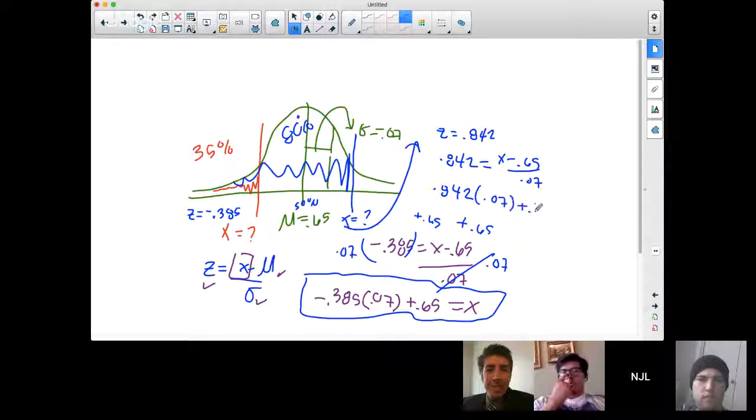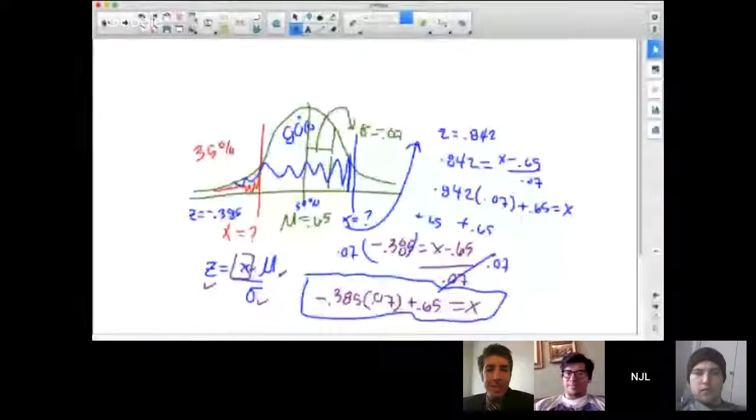Wait, why wouldn't it be negative 0.842? He's on the other side. It's to the right. Oh, that's right. Anything to the right of the mean is positive.